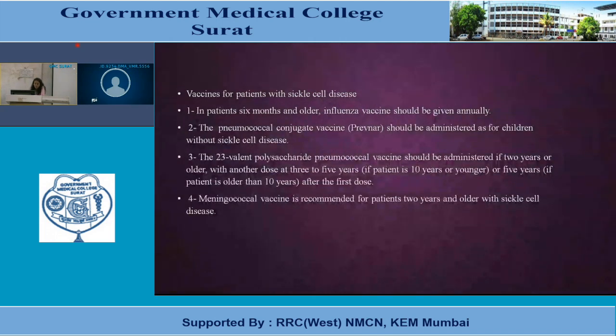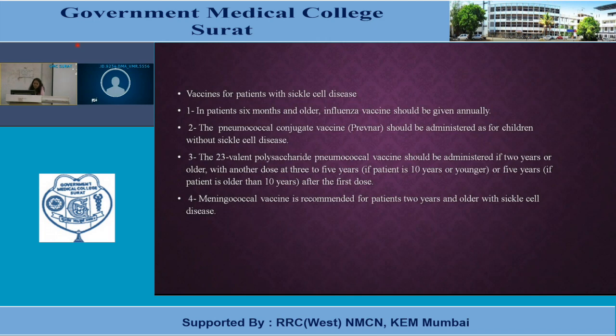If a patient is 6 months and older, influenza vaccine should be given annually. The pneumococcal conjugate vaccine, Prevnar, should be administered as for children without sickle cell disease. The 23-valent pneumococcal vaccine should be administered at 2 years or older, with another dose 3 to 5 years after the first dose.